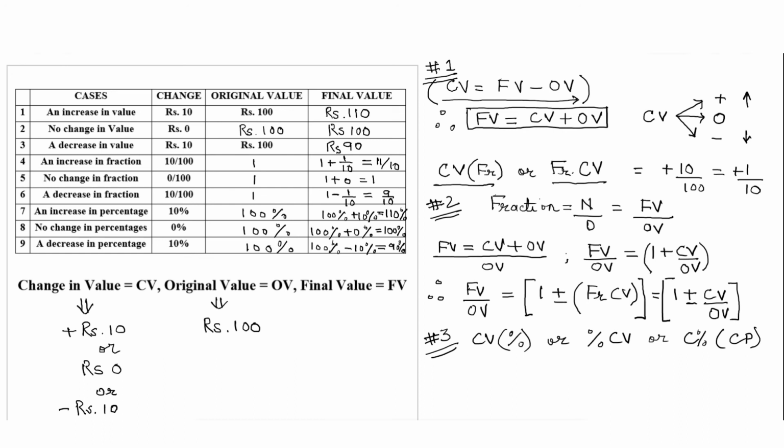Right, so now it becomes quite easy, and from here we'll be able to say that FV upon OV will be nothing but the fractional change that we have already had into 100%.